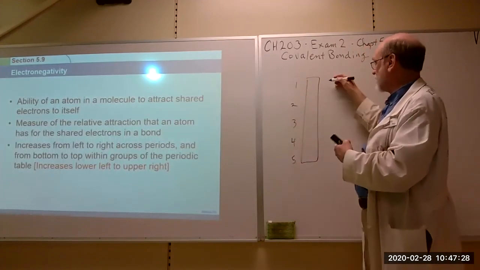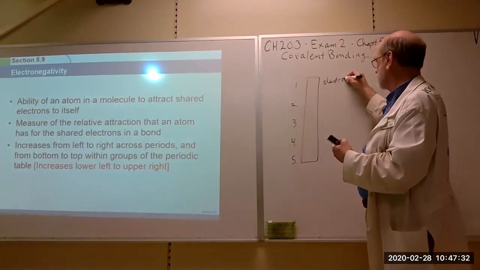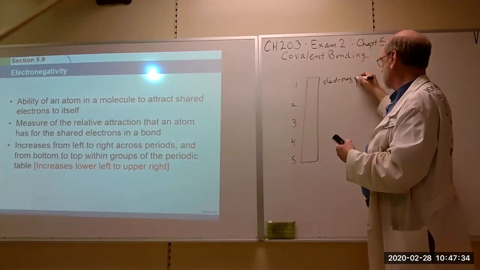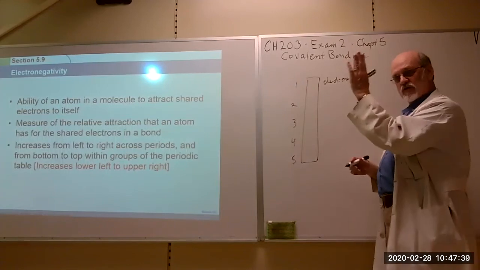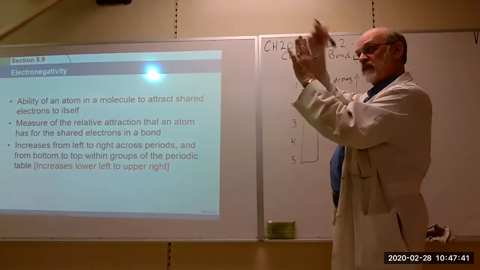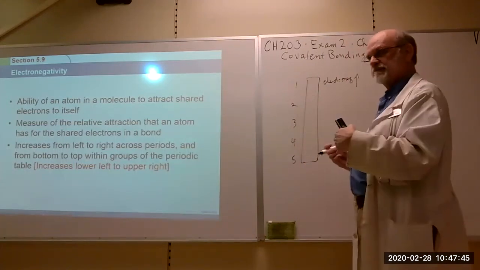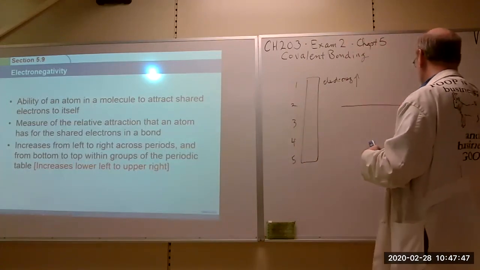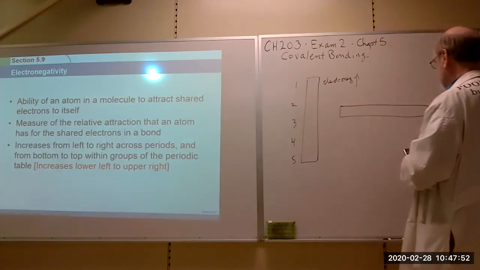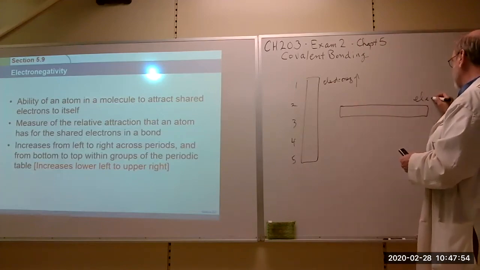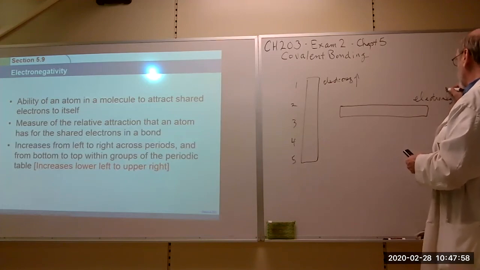The higher up, the more electronegative. So if you're in the same group, and this one's above the other one, it's more electronegative than the one below it. If you're in a period, like that, then the one to the right is more electronegative.